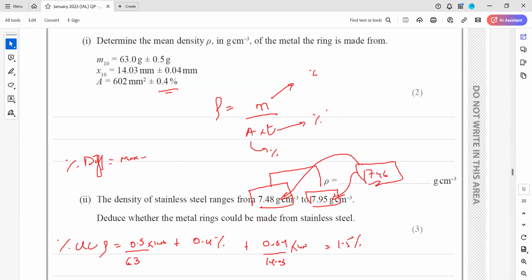So it will be maximum minus minimum divided by mean times 100, or maximum minus minimum divided by standard value times 100. So maximum is 7.48, minimum is 7.46, our value, divided by standard 7.48 times 100. This will give us the percentage difference, which is 0.3. So you compare the percentage difference with the percentage uncertainty.